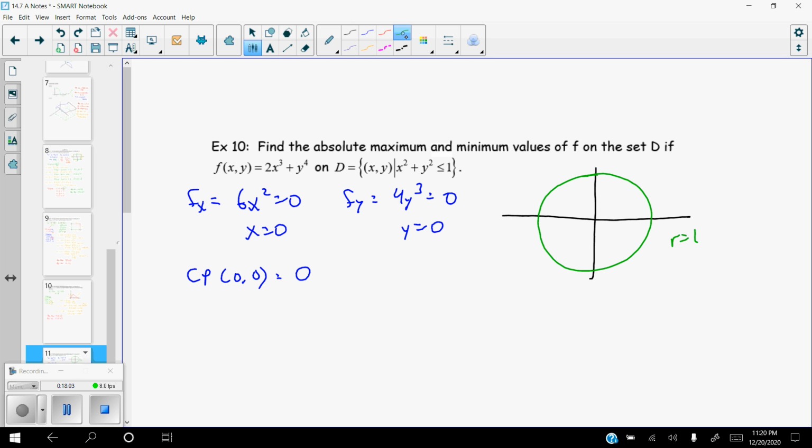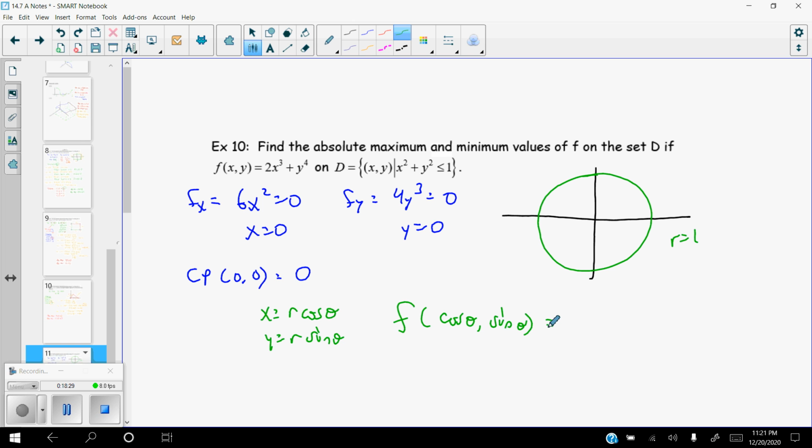So we have to remember, in polar, x equals r cosine theta and y equals r sine theta. Okay, those are your two polar conversions. So if we're going to do a function of x, well, in this case, r equals 1, so it makes it a little bit easier. When I plug the 1 in, we're just going to get that x is cosine theta, y is sine theta.